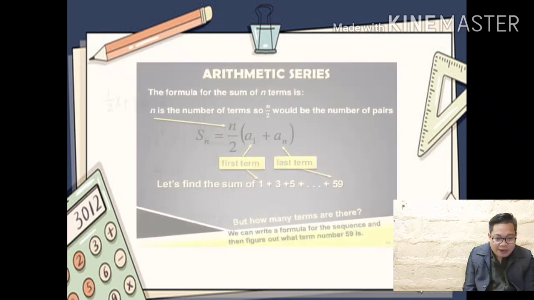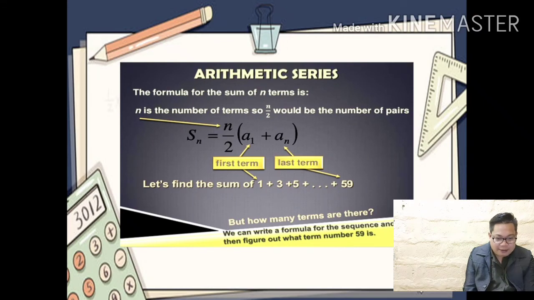So, we also have this term. Okay. This arithmetic sequence. 1, 3, 5, ellipses, and 59. So, dito, paano natin gagawin ito? Isa-substitute muna natin. Ang S sub n, ang ating hinahanap, ang n, number of terms. Ayun.